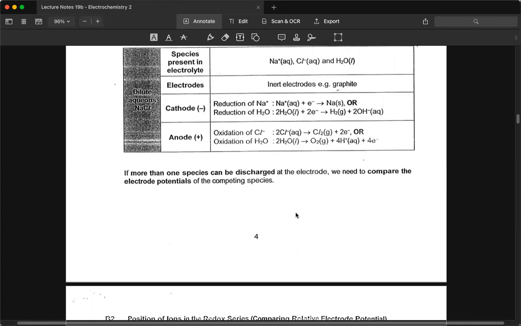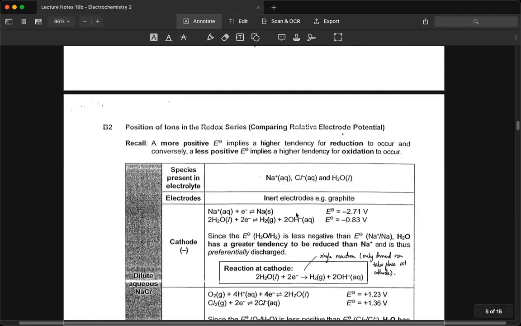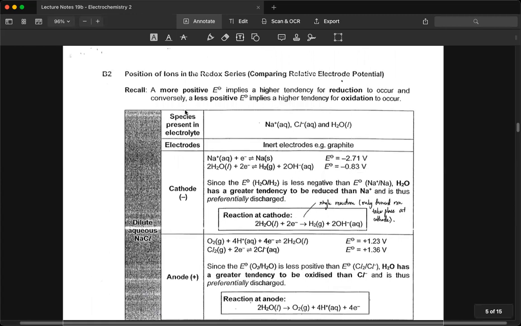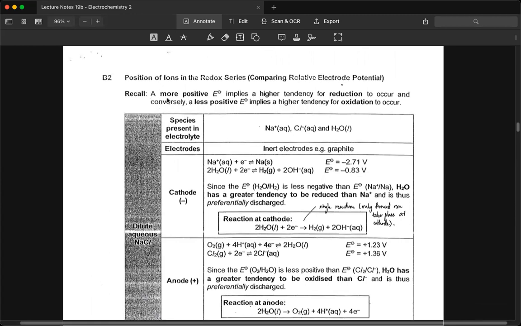If more than one species is discharged at the electrode, we need to compare the electrode potentials of the competing species. Looking at the same example, let's recall from what we learned last lesson: a more positive E0 implies a higher tendency for reduction to occur, and conversely, a less positive E0 implies a higher tendency for oxidation to occur.